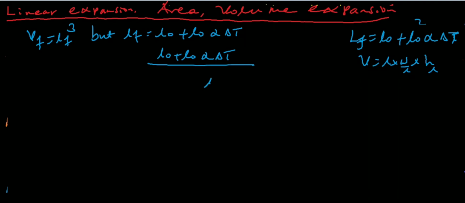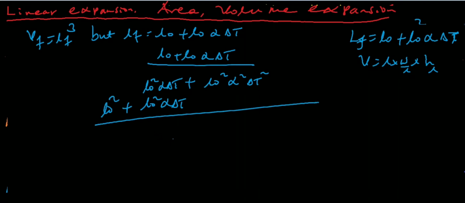This times L naught square alpha square change in T square plus L times L naught square alpha change in temperature. This is L naught square alpha change in temperature plus L naught square.